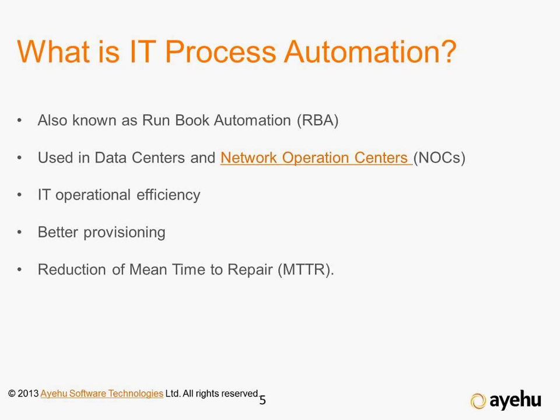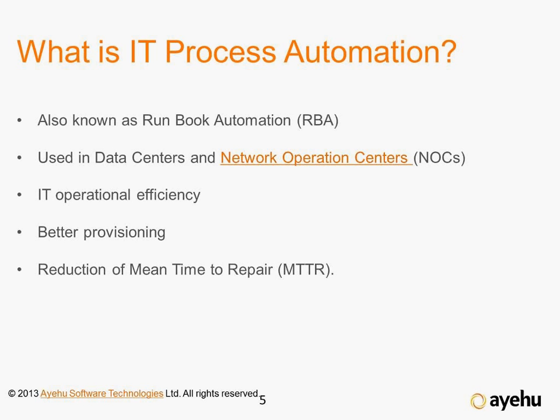Both are primarily used in data centers and network operation centers. The primary reason is to improve IT operational efficiency. There's just an explosion of servers and devices and things that need to be maintained, and as those grow, there's only so much qualified labor available that can use that infrastructure. Ultimately, we believe the only way to keep up with that explosion in infrastructure is through automation.